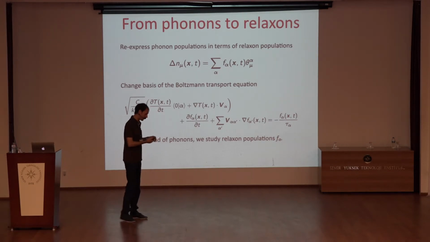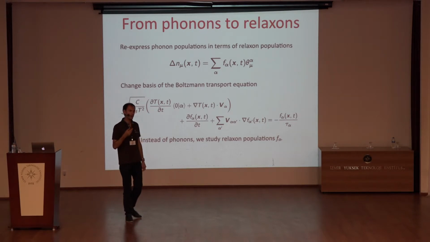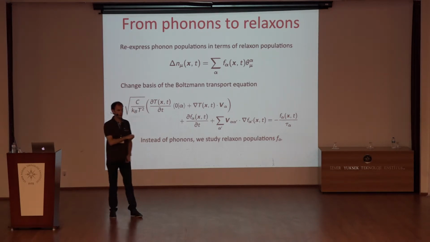Those eigenvalues are going to be real and positive definite, and you can prove the eigenvectors also have a well-defined parity, so they are going to be either even or odd upon inversion of the phonon wave vector.